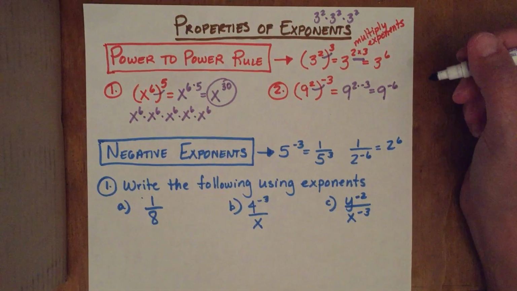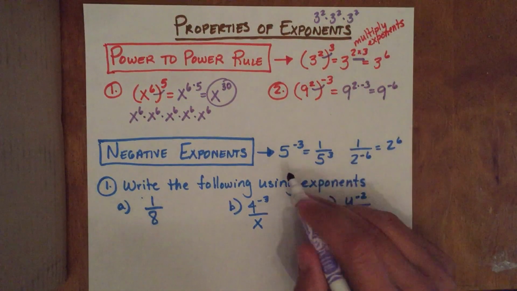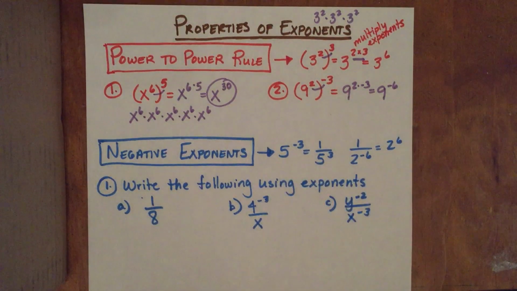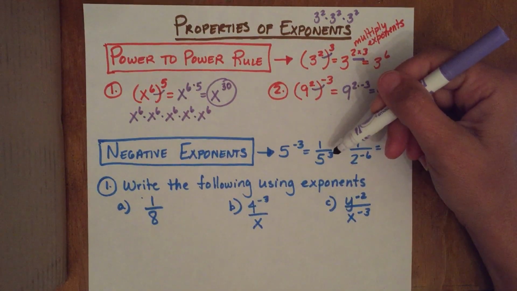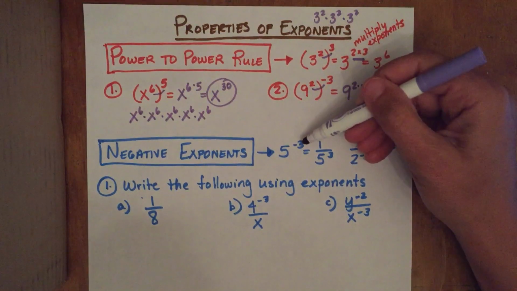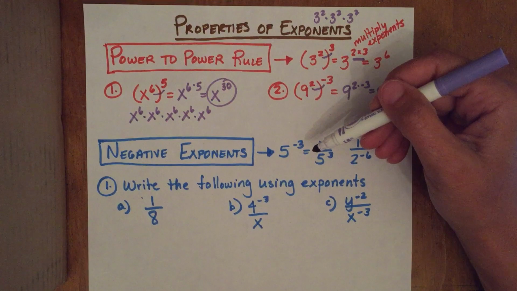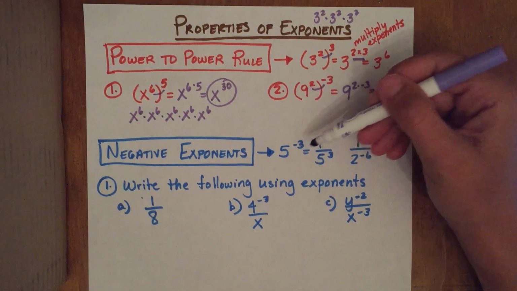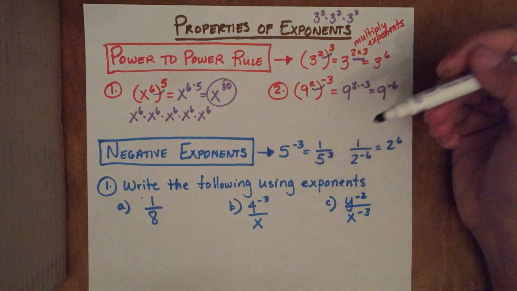So let's drop down and look at negative exponents. Negative exponents basically means if you've got a fractional expression, if you've got a rational expression, meaning it's in fractional form, when you have a negative exponent, if you want to make that exponent positive, you move the term, the entire term, the base and the exponent, to the other portion of the fraction.